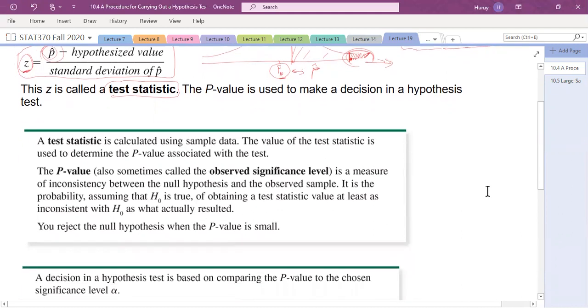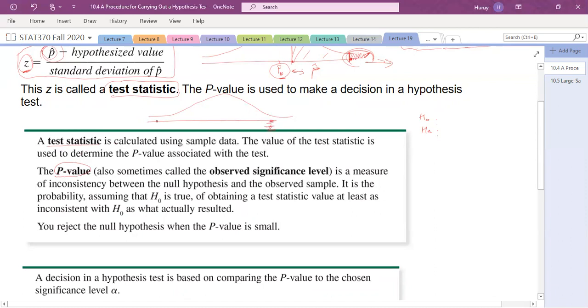Now, in order to make a decision, by decision I mean when we compare the null hypothesis and the alternative hypothesis, we calculate the test statistic, and then using the test statistic calculated, we find the p-value. To find this p-value, we use technology, just like what we were doing before. It's just finding the area. That's the same idea. So we need this value first, and that's the test statistic.